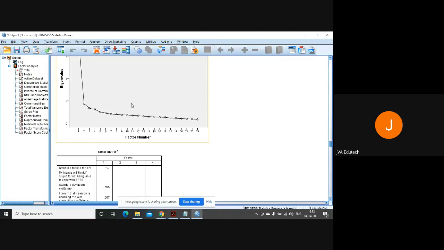Just look more closely, just observe it. Inflection is at 2, fine. Anything else? Can you see at 4 again it has increased and then a sudden steep, isn't it?